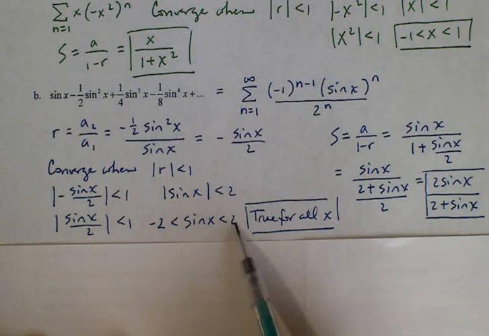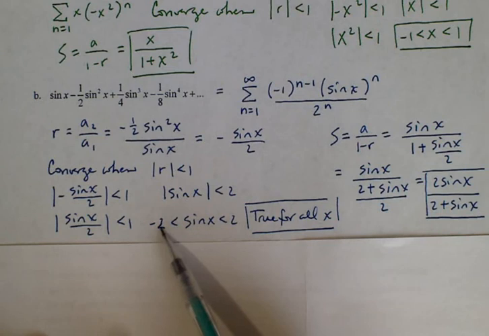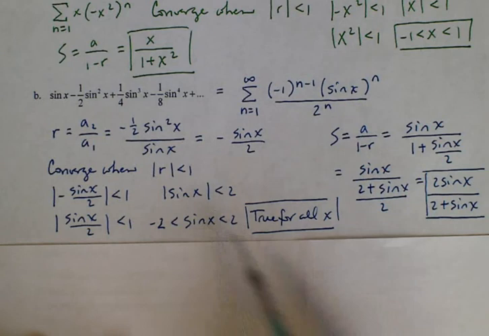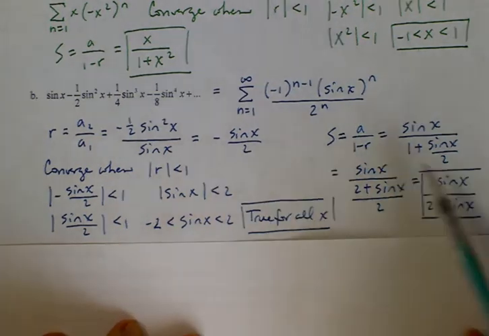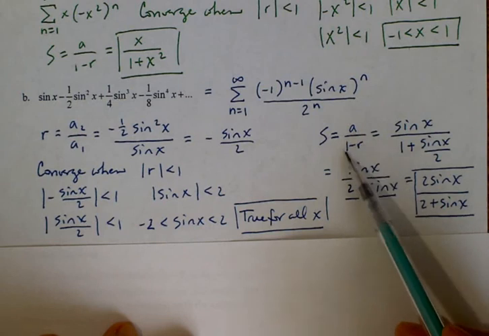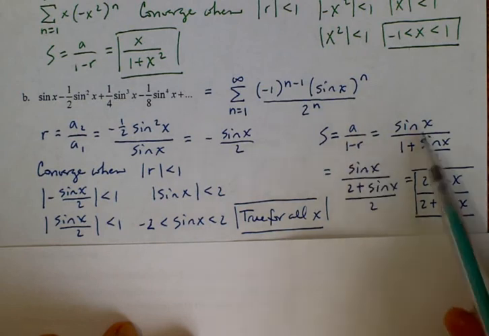Then I multiply through by 2, and I get negative 2 is less than sine of x is less than 2, which actually covers everything because I know that the range of sine of x goes from negative 1 to 1, so this definitely covers it. So this would be true for all x's.